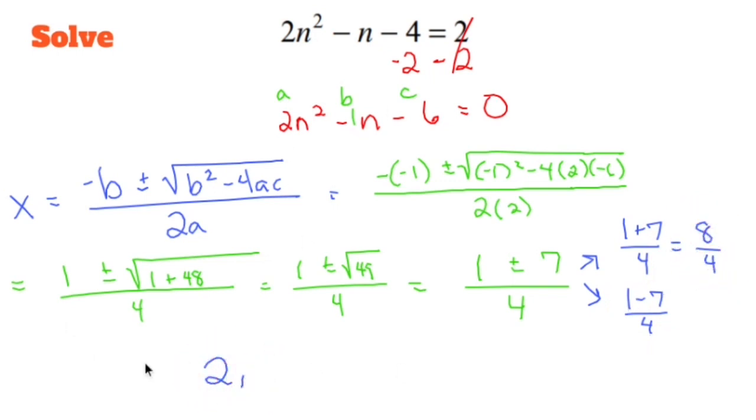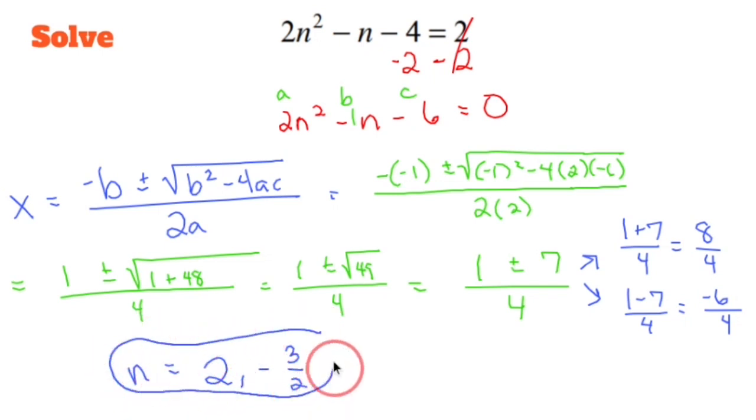So one of my answers is going to be not x, but n equals 2. And the other one is going to be 1 minus 7, which is negative 6 over 4, which simplifies to negative 3 over 2. So when I have somewhat friendly answers like this, yeah, the original problem was factorable, but you know, what fun is that when we could just use the quadratic formula and sing?